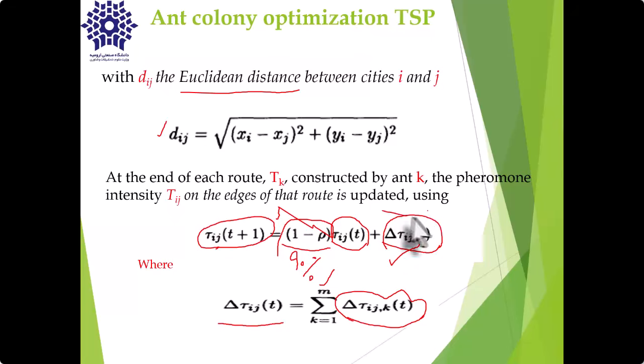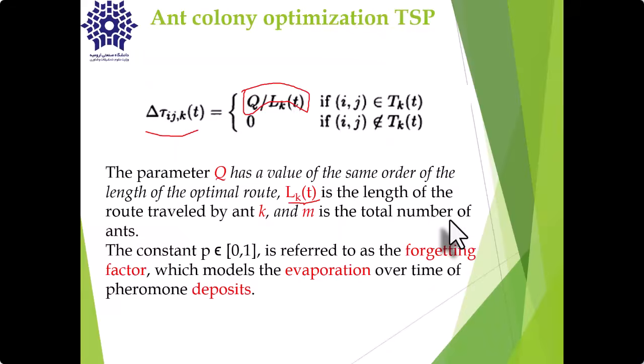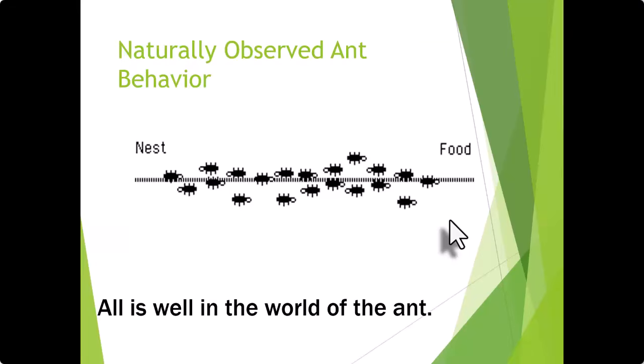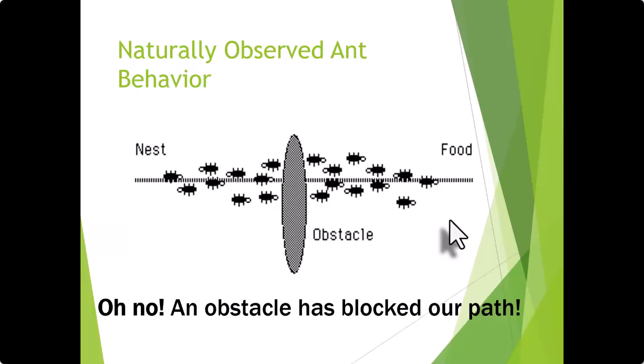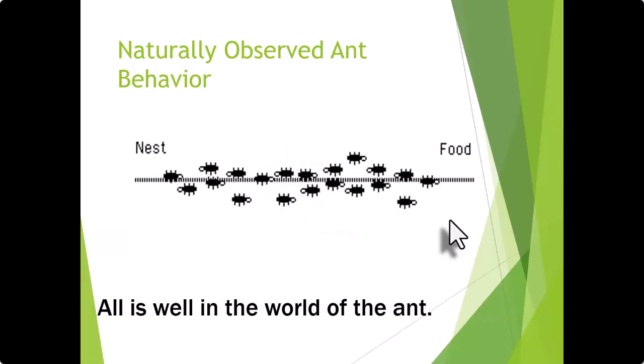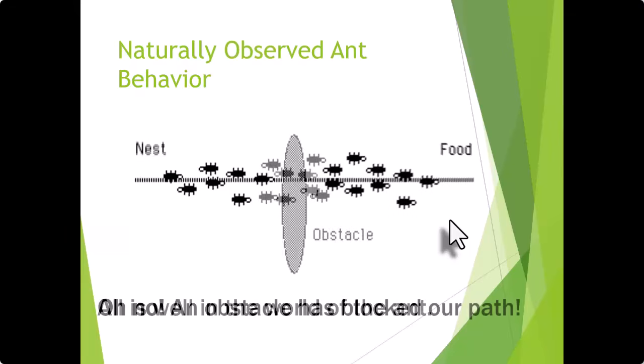When there is travel on the shortest paths, the delta is very, very high in comparison with the longest tour. So if you consider, when you go out in nature, you see the ants travel in one direction, you can put a stone, an obstacle, in that direction.